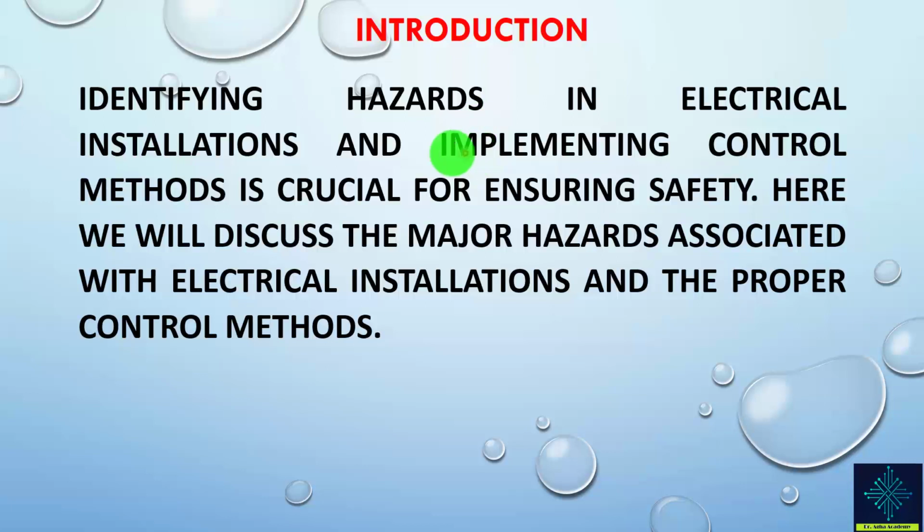That's why identification of hazards in electrical installations and implementing control methods to control these hazards is something very crucial to ensure safety in our projects. Here we will discuss some of the major hazards associated with electrical installations and the proposed control methods.